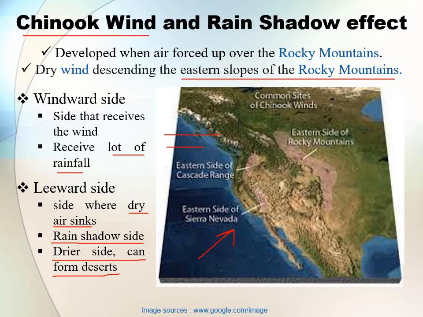But after rainfall, when this dry air is able to cross this barrier, the Rocky Mountains, on the opposite, landward side of the Rocky Mountains there is almost no rainfall. So this zone is known as the rain shadow zone, and the effect is known as the rain shadow effect. So the eastern side of the Rocky Mountains becomes almost dry, and often some desertic conditions occur. This dry wind blowing on the eastern slope of the Rocky Mountains is known as the Chinook wind.